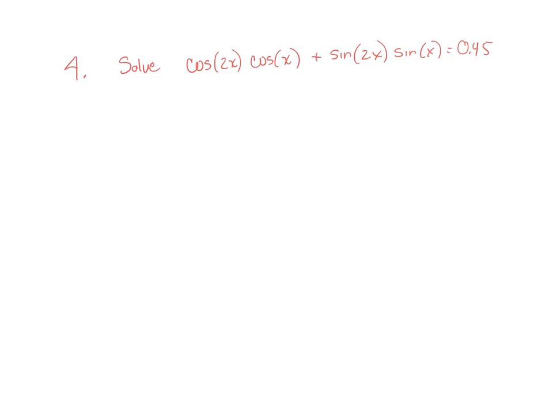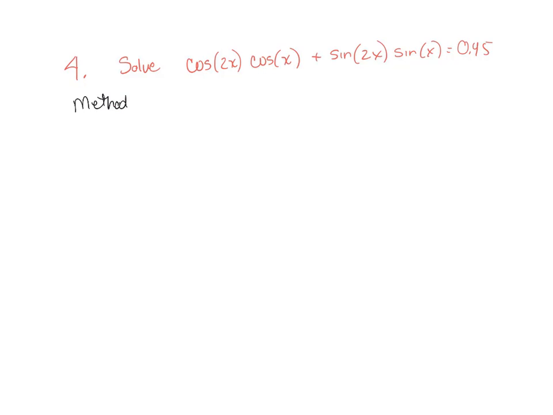Here is a slightly harder example. I got cosine 2x times cosine x plus sine 2x times sine x equals 0.45, and you're given instructions to round your answers to 4 decimals, which tells me that you can use your calculator. There are 2 ways you can tackle this.